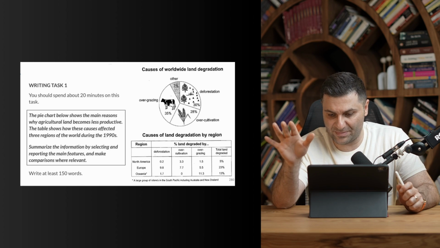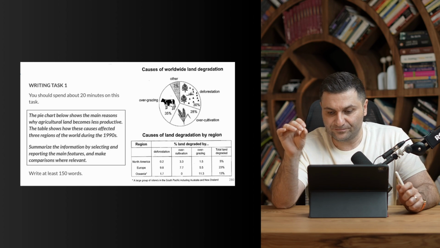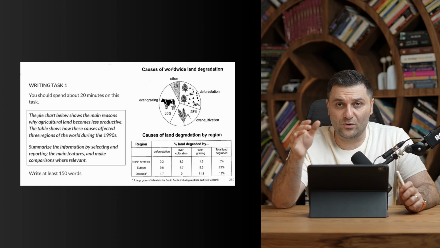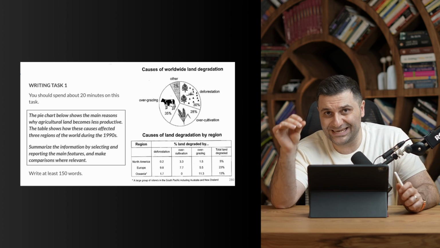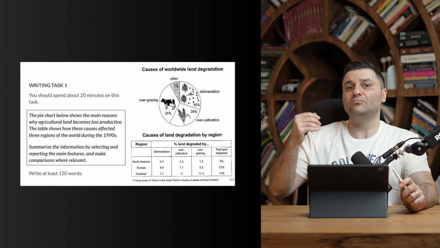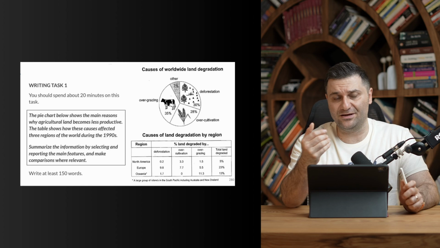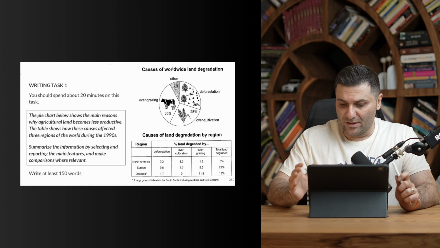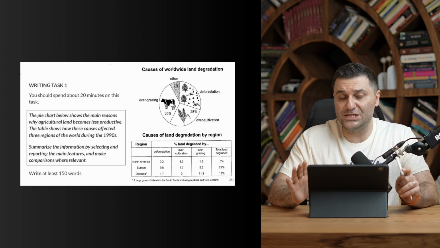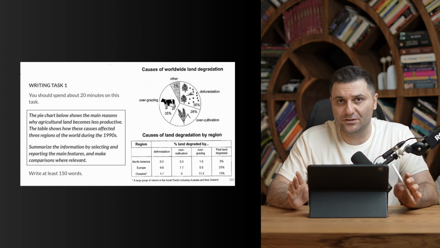All right, so that's it about the pie chart. And by region, the lowest was North America, while Europe was the leading cause. It was 23%, but we're not going to provide specific data. We're not going to write about percentages here. As you know, in an overview paragraph, no data is provided, only general information.